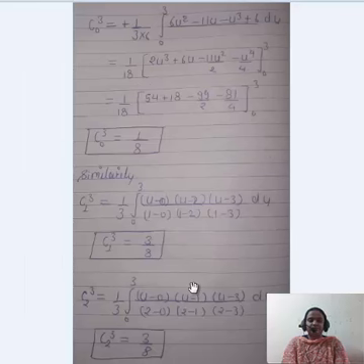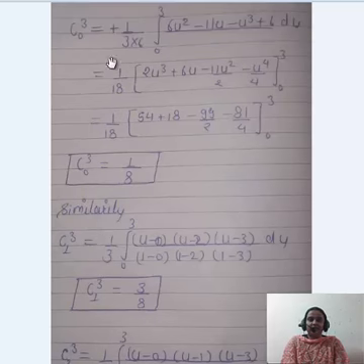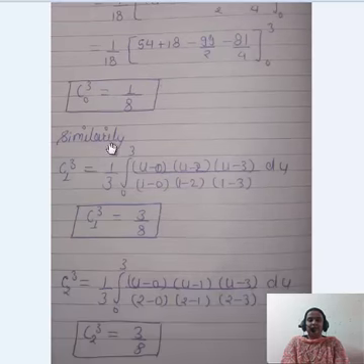Coming on to the next, we get the solution as c_0^3 is equal to 1/18 times (2u^3 plus 6u minus 11u^2/2 minus u^4/4) from 0 to 3. This is after integrating the above polynomial. Solving this, finally we get c_0^3 equal to 1/8. Similarly, we will find c_1^3 as 3/8 and c_2^3 again as 3/8.